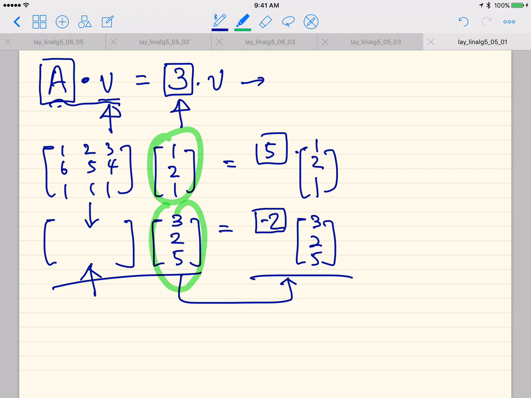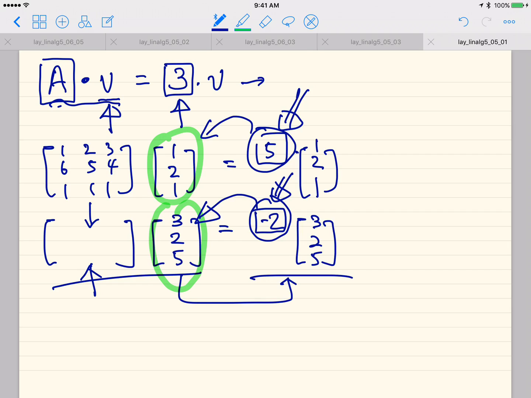And in this case, these scalar multiples can be different depending on your special vectors. So far you found two different special vectors, but their associated scalar multiples can be different.